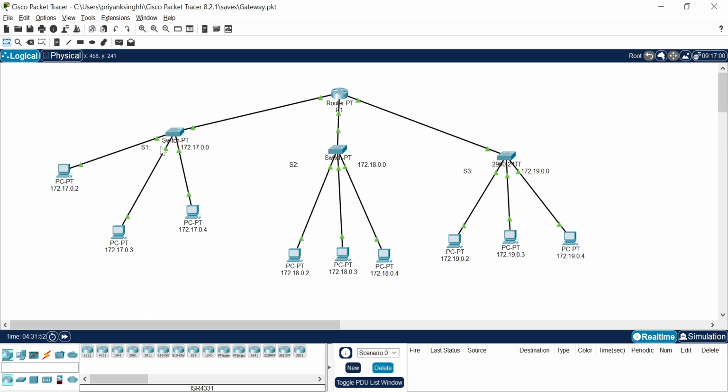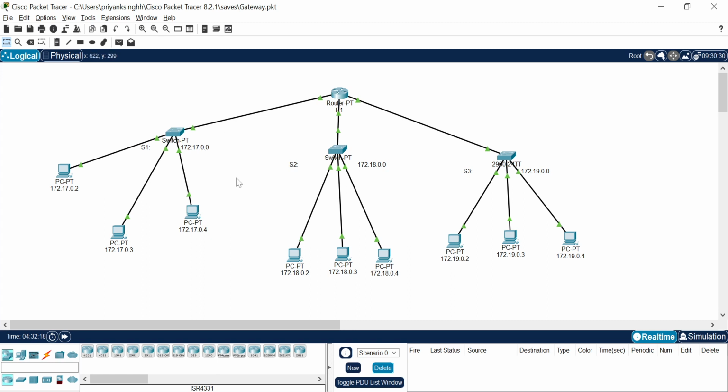These three PCs belong to the 172.17 series, these three PCs belong to the 172.18 series, and these last three PCs belong to the 172.19 series. As we know, if we are using a switch, we are able to communicate between same network PCs, or PCs with the same subnet mask, without any problem.